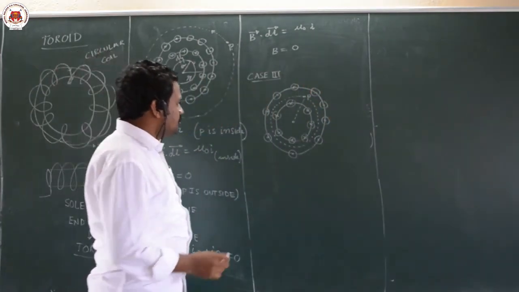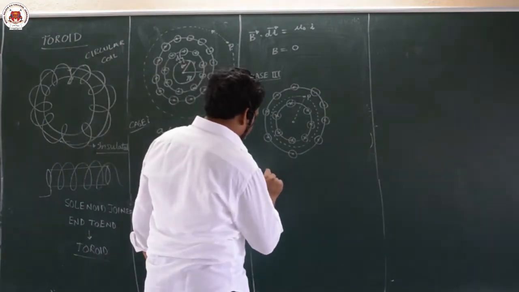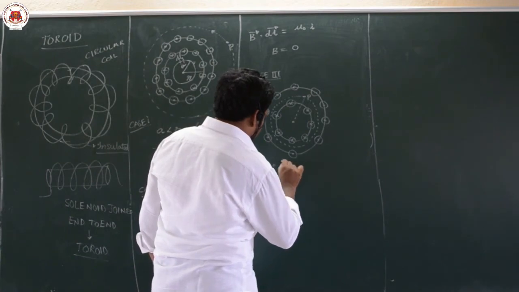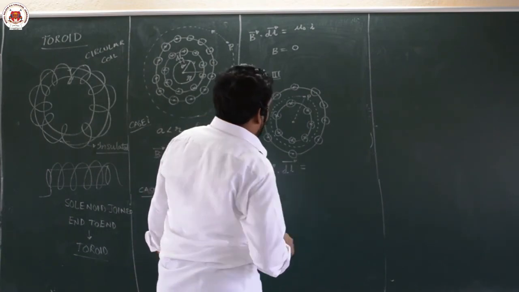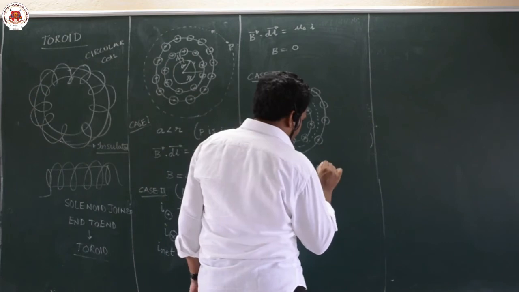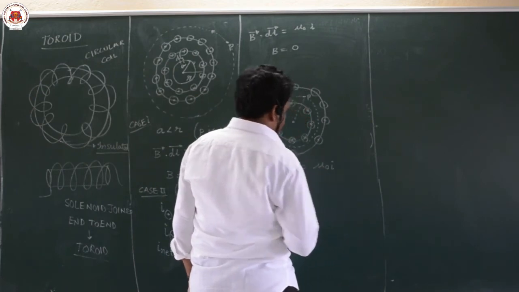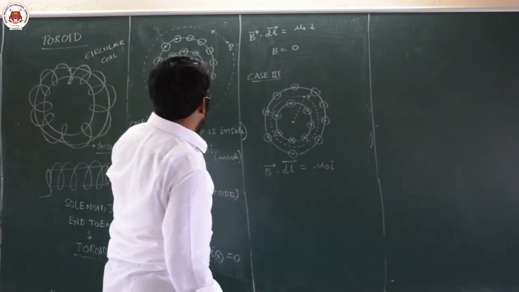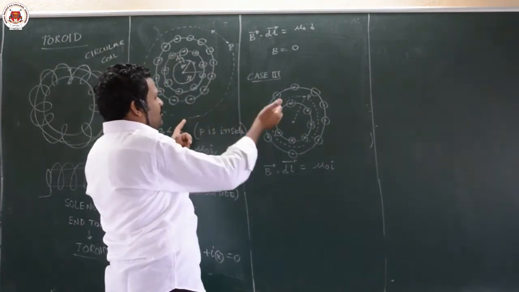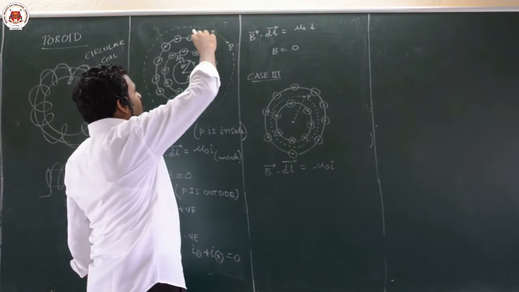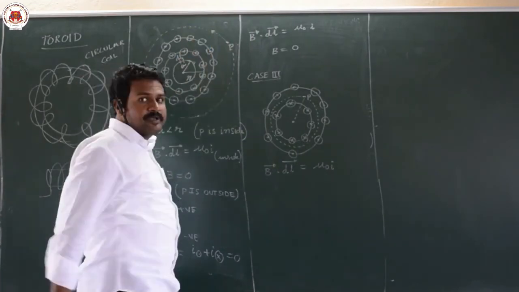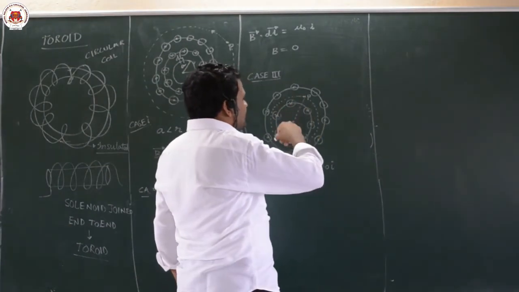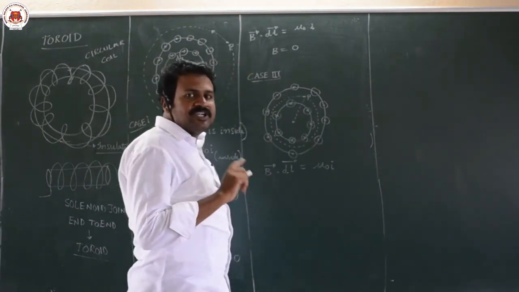Now according to Ampere's law, the integral of B dot dl equals mu naught I. Now within this loop, what is the difference between this loop and the earlier loop? In the earlier loop both outward current and inward current were there, but within this loop only one current is there, that is the current flowing inside the toroid.